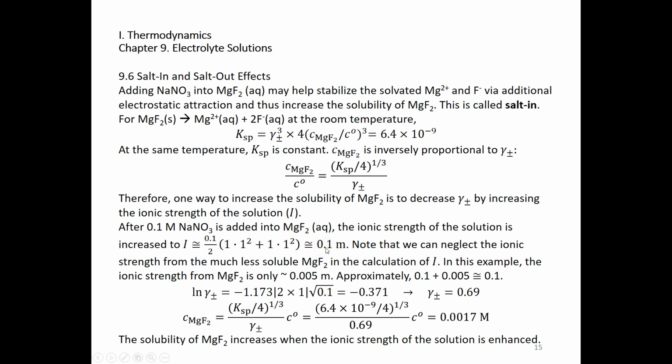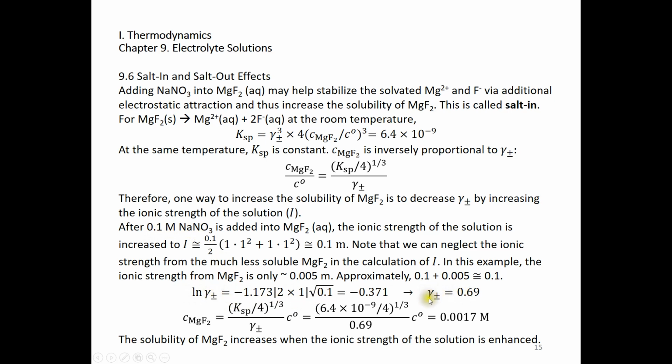This is an approximate value. We use this to compute the mean ionic activity coefficient for the solution after the addition of 0.1 molar sodium nitrate, using the Debye-Hückel equation.